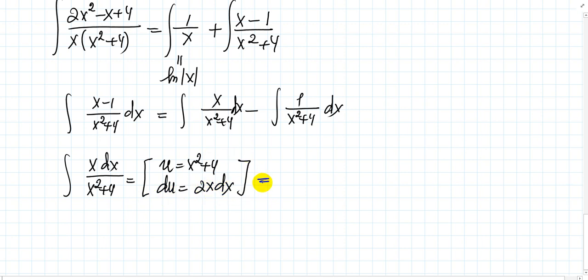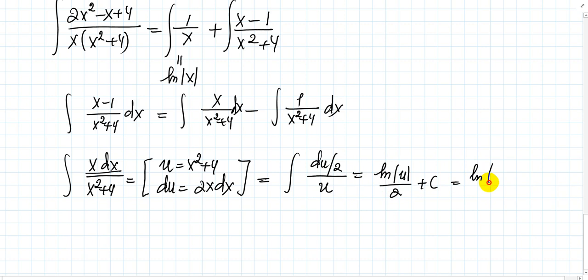What about x dx then? Because I have x dx on the numerator, so du over 2. And what is x squared plus 4? It is u. So I substituted everything which depends on x with u. So this integration will be ln of u divided by 2 plus some constant, or simply ln of x squared plus 4 divided by 2 plus the constant.